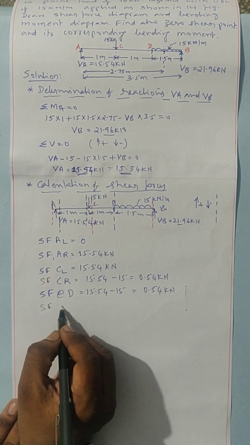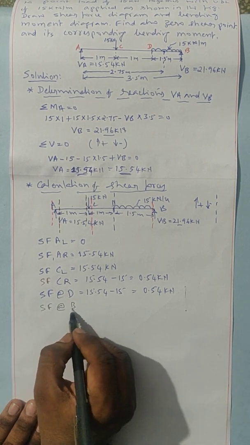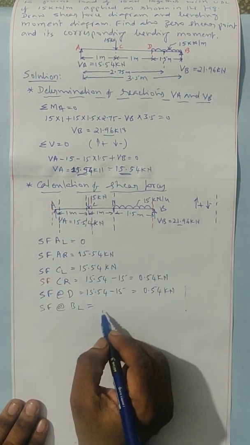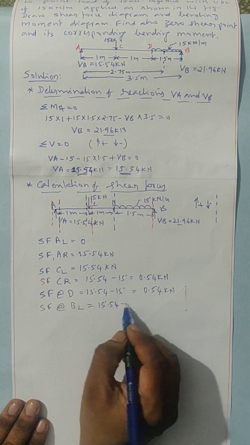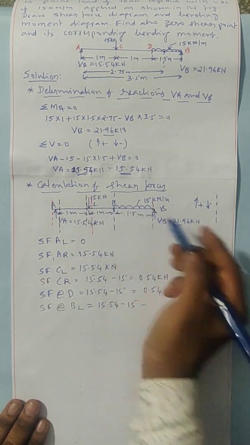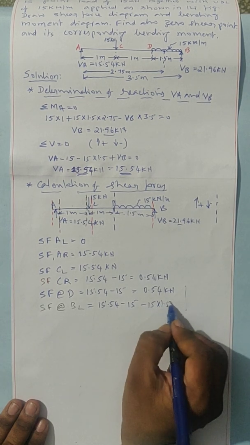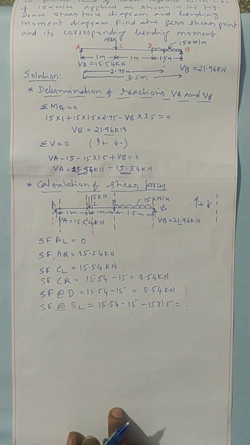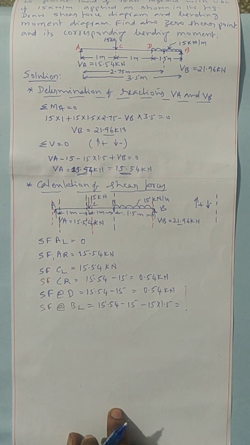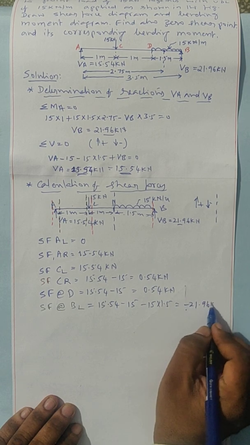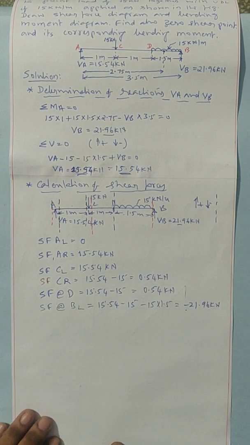Therefore, shear force at B left equals 15.54 minus 15 minus the UDL, 15 into 1.5. That is, at B left it is equal to minus 21.96 kilonewton.